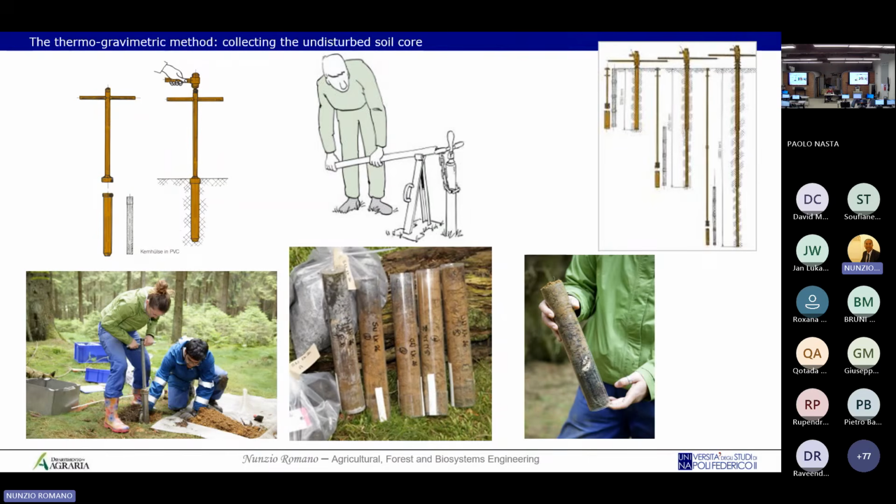Paolo, in his introduction, also gave you an idea about the soil layering and the importance of characterizing the different layers. And this is again another way to collect undisturbed soil cores.